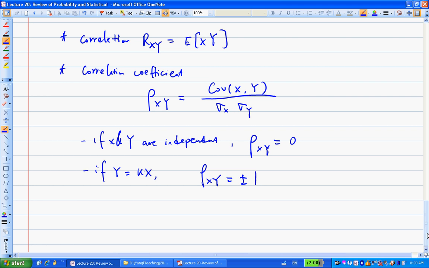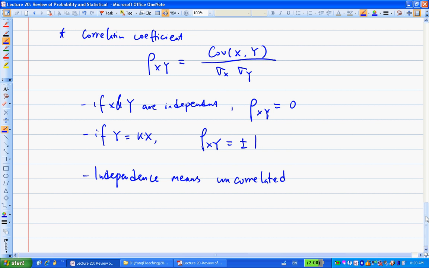Another thing about independence: if two variables are independent, then they are not correlated, they are uncorrelated. However, if two random variables are uncorrelated, that doesn't mean they are independent.